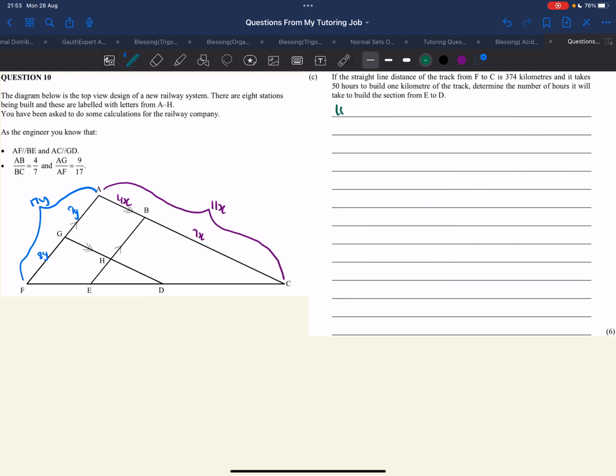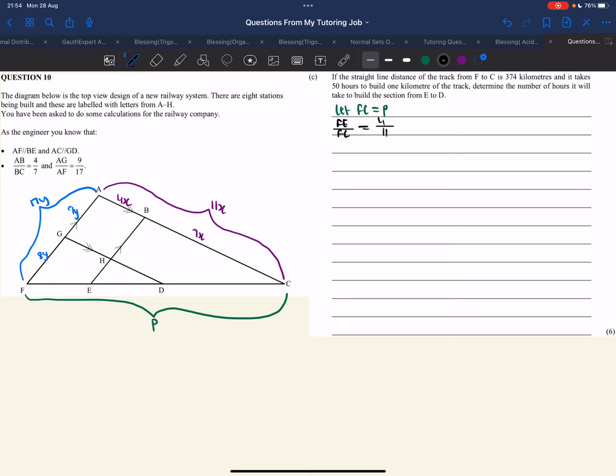I'm going to say let FC equal P, right? So if I say let FC, that means FC will be P. And another thing that I need you to get, we also determined from our previous question that the ratio of FE over FC, we found it to be 4 over 11.